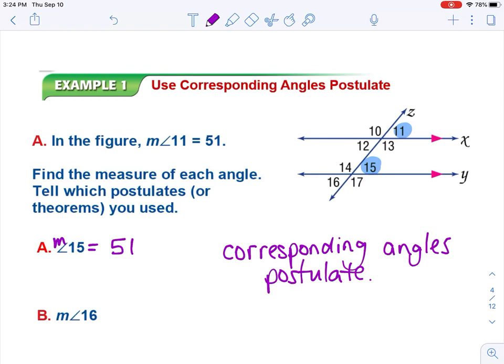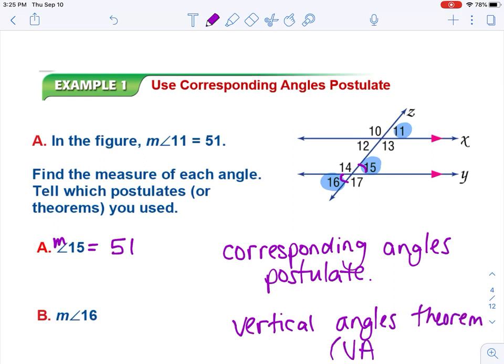From here we can find the measure of angle 16. Since we've already found the measure of angle 15, we can find the measure of angle 16 because these are vertical. So we can use the vertical angles theorem, or VAT, to say that the measure of angle 16 is 51 as well.